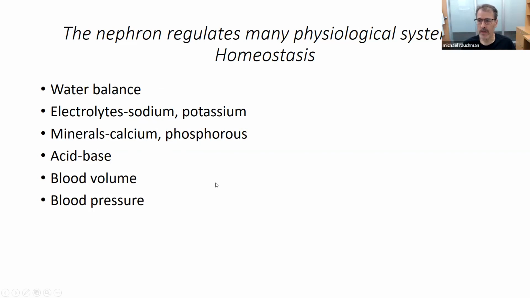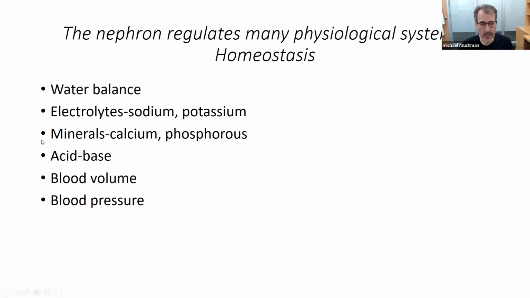Acid-base balance. When we eat a meat diet, we generate a lot of acid, and the kidney has to be able to get rid of this excess acid and hold on to the base to maintain these functions, because if it's not properly maintained, the proteins in our bodies can't function properly.